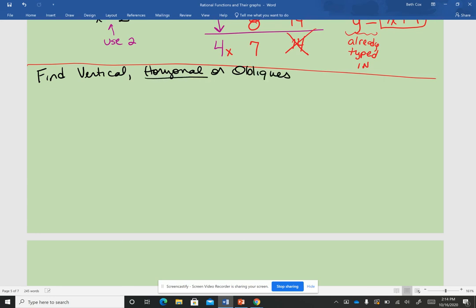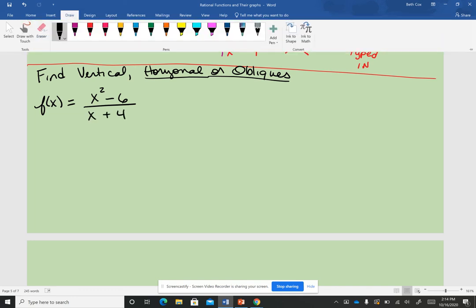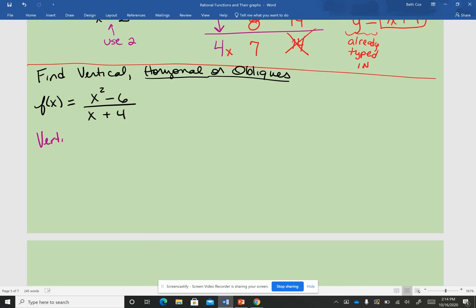Now, here's the deal. Remember, you're not going to have both horizontal and obliques. All right? So here's the first question. It says x squared minus 6 is your numerator, and x plus 4 is your denominator. Okay, so to find the verticals, set the denominator equal to 0 and solve. So x plus 4 equals 0.